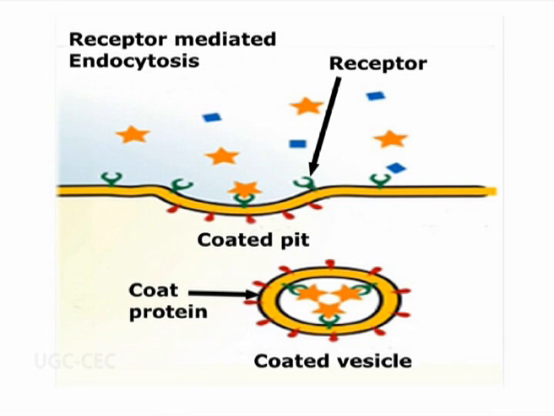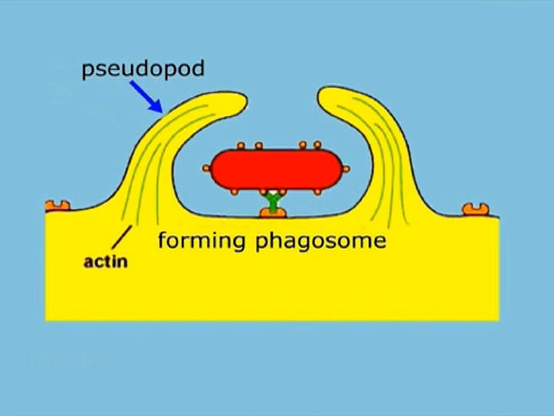It is seen in macrophages which internalize the bacteria after binding it with the receptor. During the whole process, the macrophages extend the cytoplasmic arms on either side of the receptor-bound bacteria and form a phagocytic vesicle.